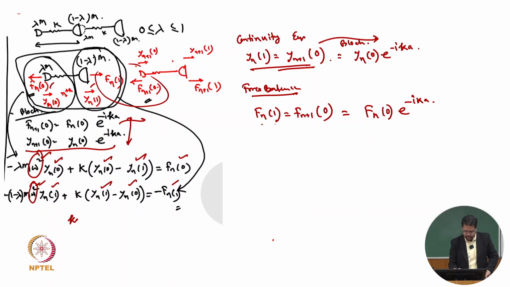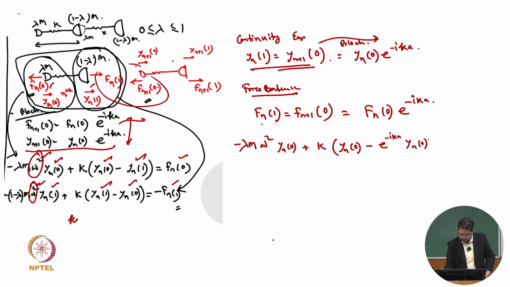So now let's see what our equations become. Minus lambda m omega square yn0 plus k into yn0 minus e to the power of minus ika into yn0, instead of yn0, I am writing that, equal to Fn0.